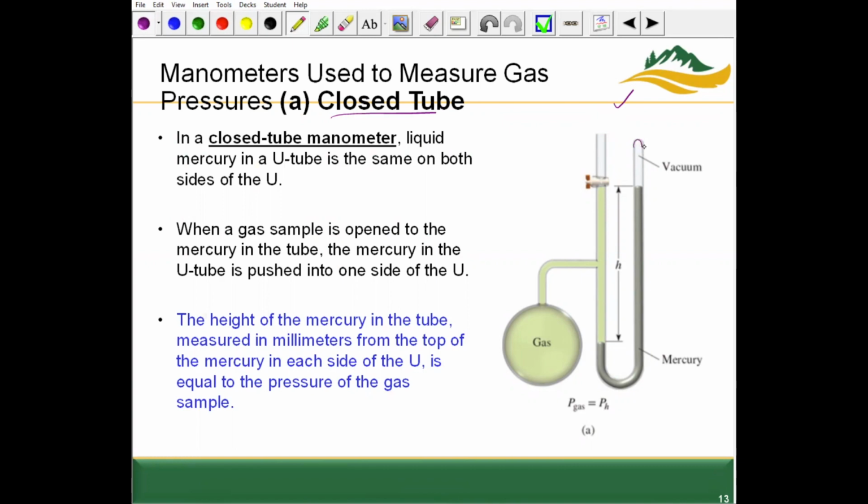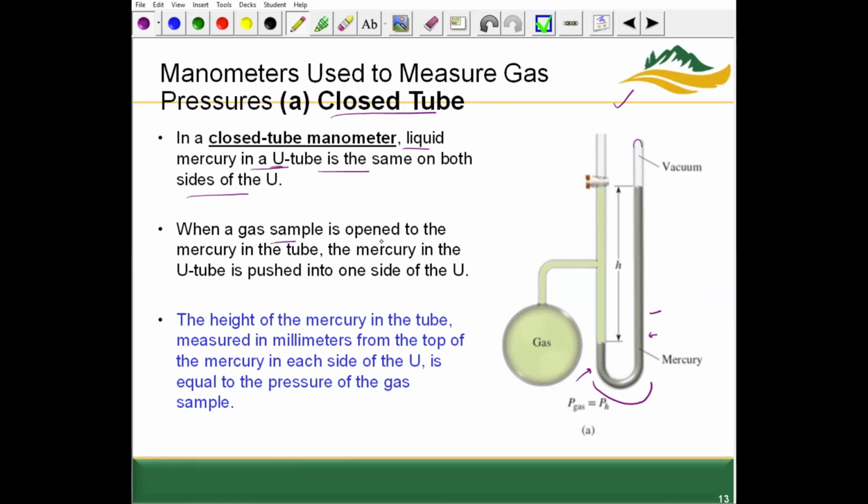We'll look at a next example where this is not a closed manometer, but in a closed tube manometer, liquid mercury is in a U-tube, and mercury is on both sides of the U, or on both sides of this manometer, whichever you prefer to say.